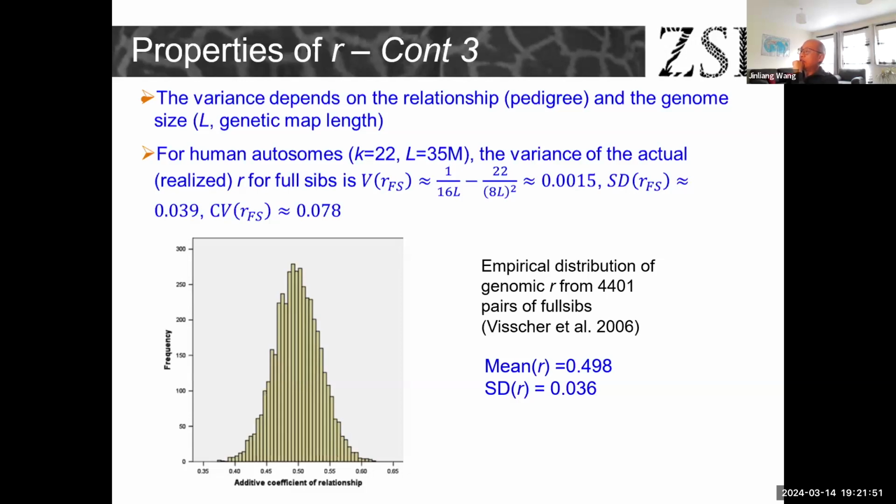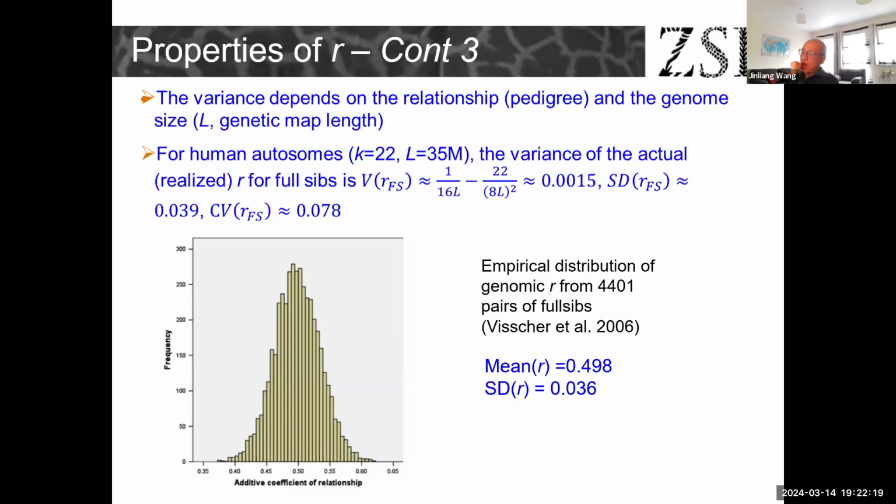And the standard deviation is 0.036, also very close to the theoretical value, that is 0.039. From this graph, we can see there is a wide distribution of the realized genomic relatedness among human full siblings.